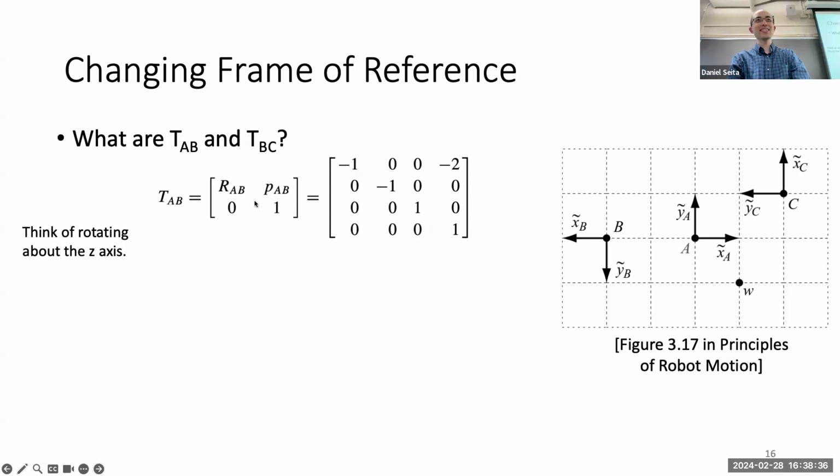Does everyone see how to get this? Let's do it on the board. All right, so I have to try to write this out. So you have A.